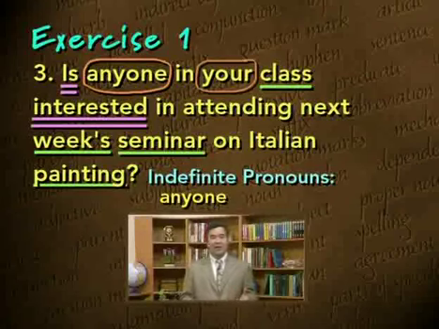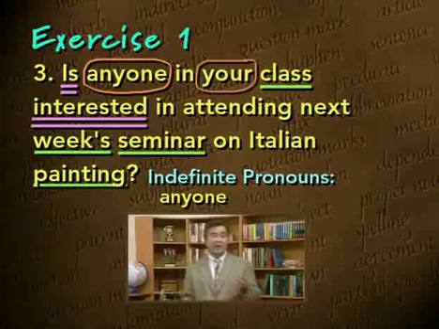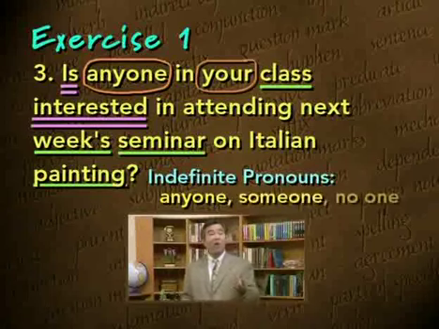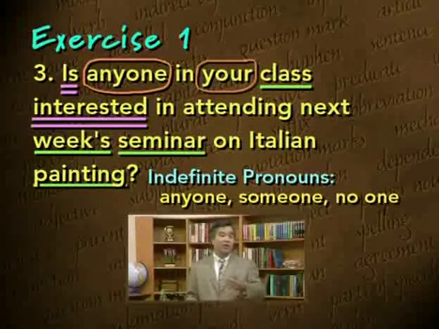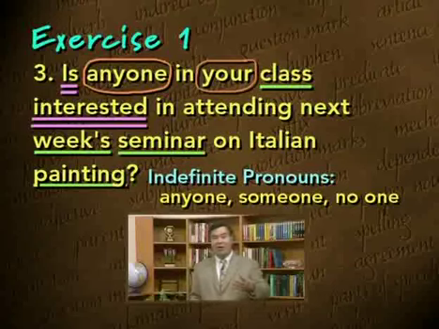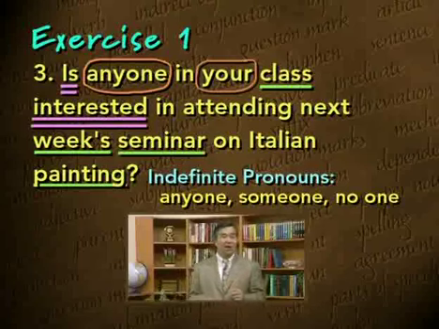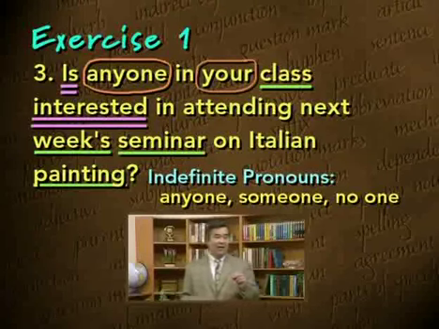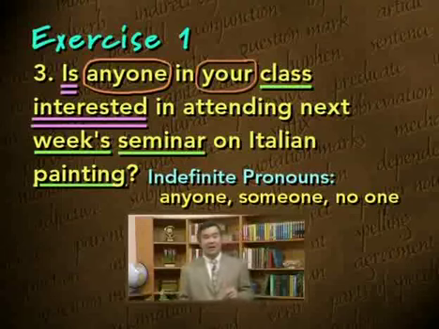Other examples of indefinite pronouns are someone and no one. All of these refer to people who are not specifically named, and that's why they're called indefinite pronouns. And finally, your is also a pronoun. And here, the antecedent doesn't appear in the same sentence.